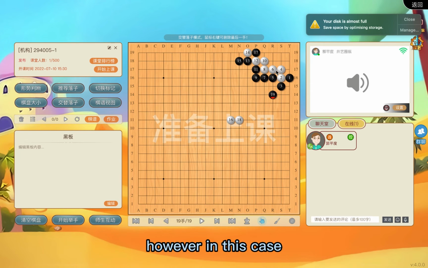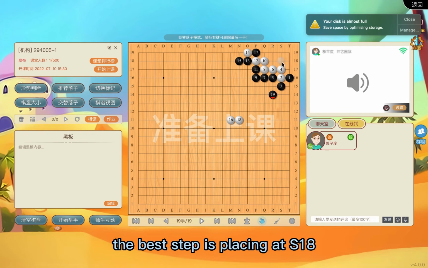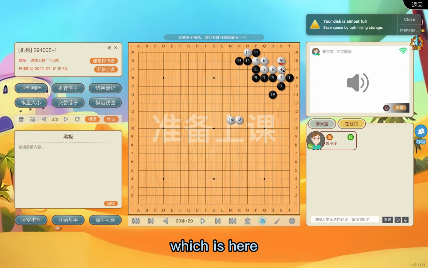However, in this case, the best step is placing at S18, which is here, the 20 step.